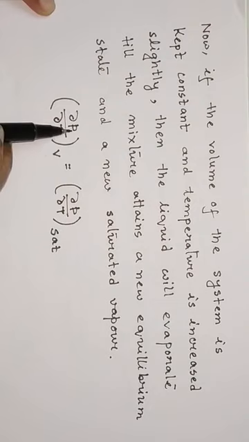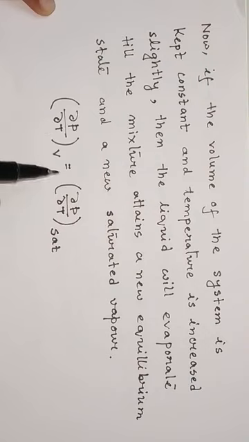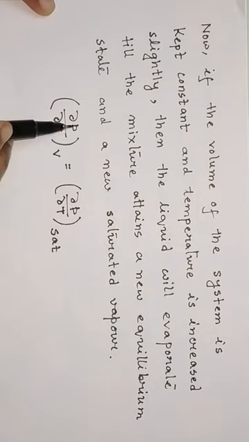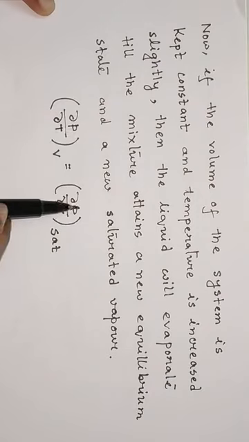The rate of change of pressure with respect to temperature at constant volume, at any volume, is equal to the rate of change of the saturated vapor pressure with temperature at the saturated volume. So this pressure is for any volume, and this P is the saturated vapor pressure at the saturated volume.